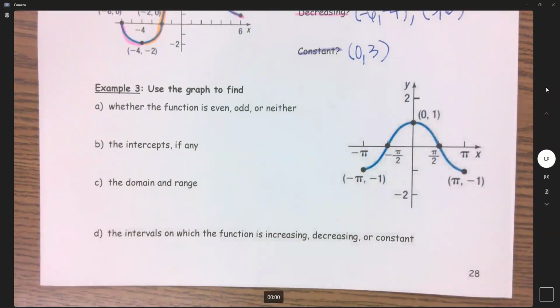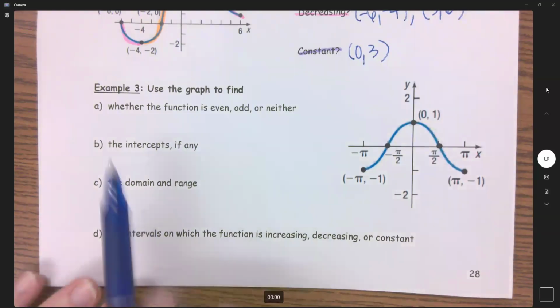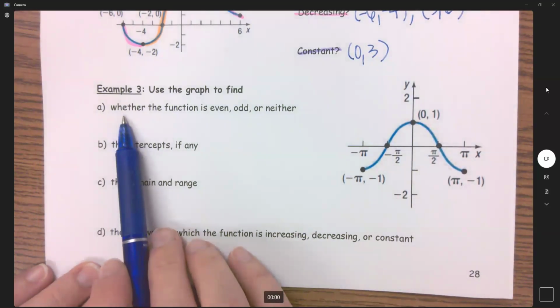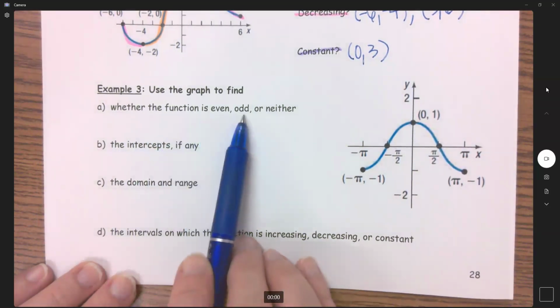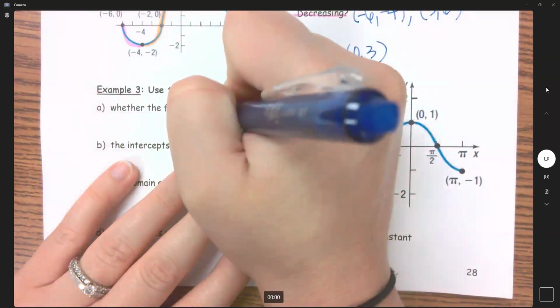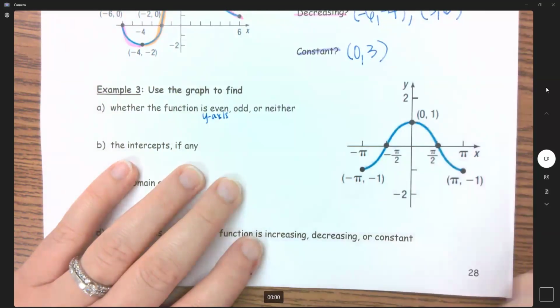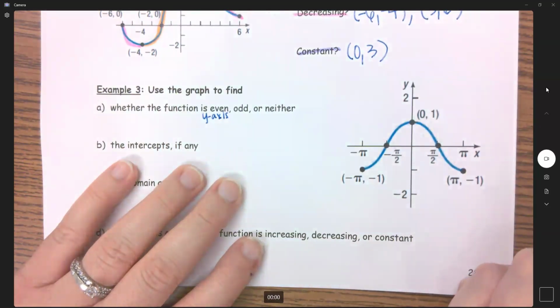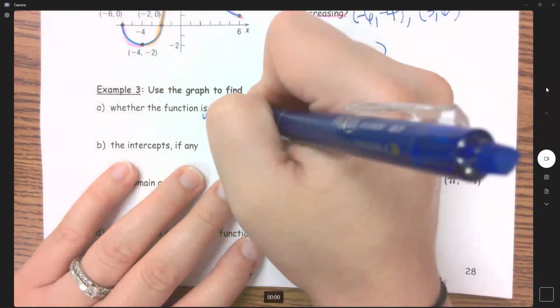Example 3 kind of puts in what we did at the beginning, lesson 4, last lesson, and this lesson. So use the graph to find whether the function is even, odd, or neither. So even is your y-axis symmetry. Odd for origin.